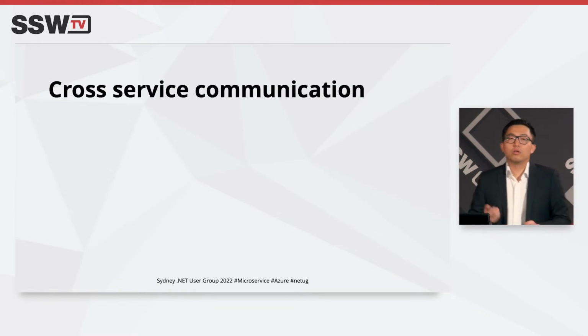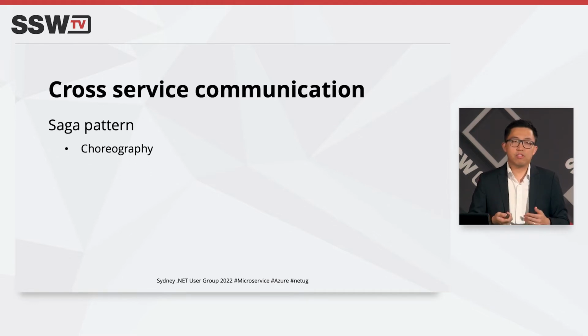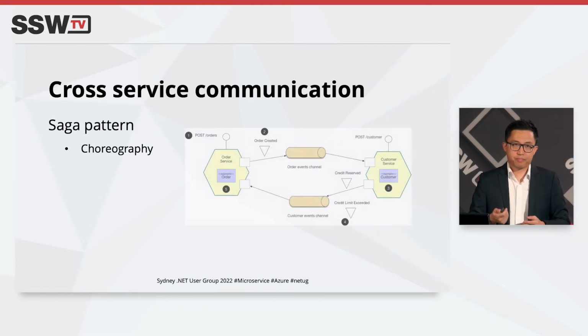So we need to make sure the services sitting in the microservice architecture can communicate with each other. These are the options. There is a pattern called the Saga pattern, and it has two variations. First is choreography. What that means is that it's like a team of dancers.